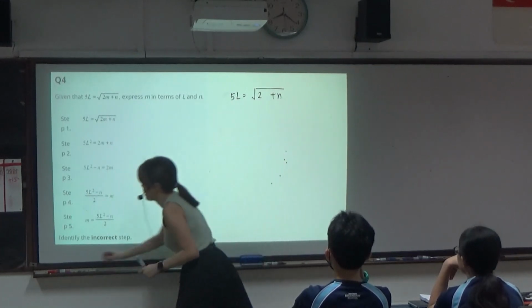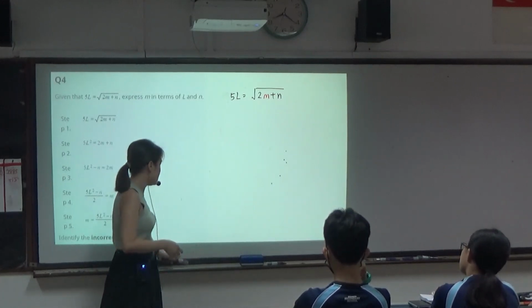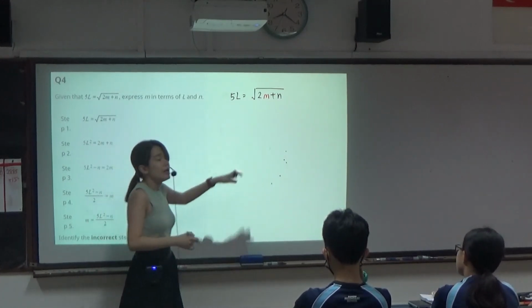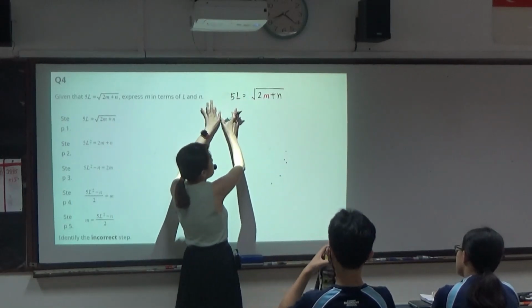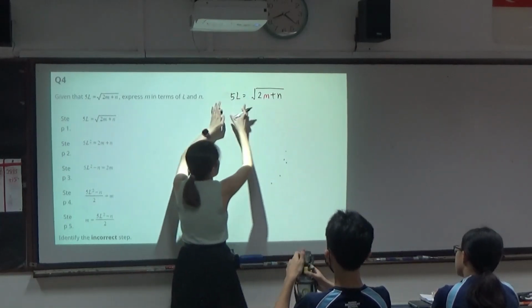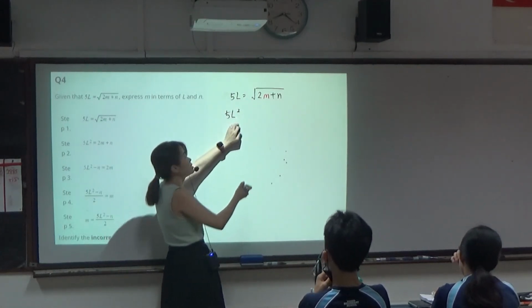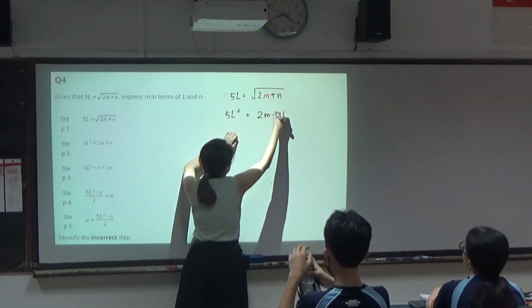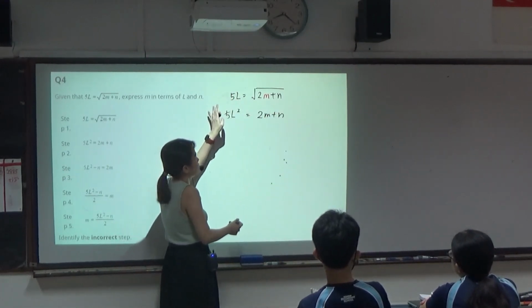I need to first get rid of the square root sign. And in order to get rid of the square root, the opposite of square root is square. So I need to square on both sides. And to square on both sides is not just putting a square like that, because when I square both sides, it is everything here that gets squared.